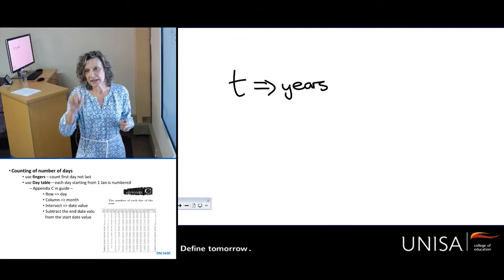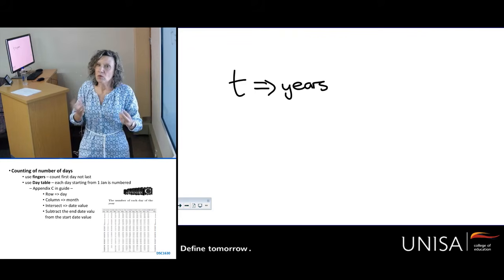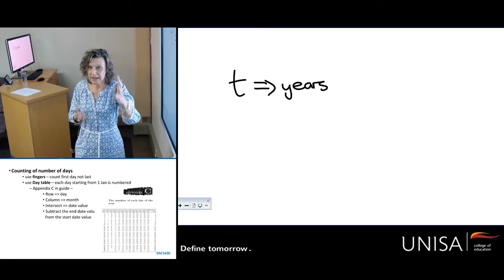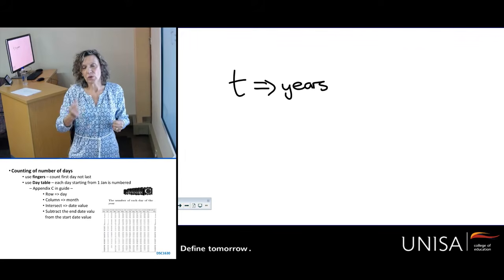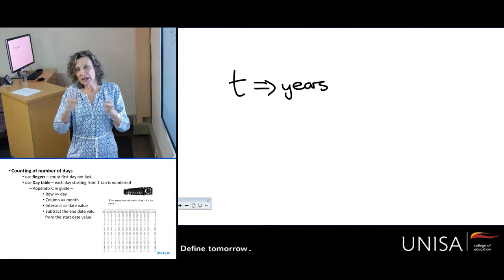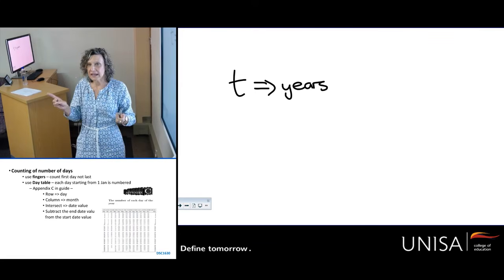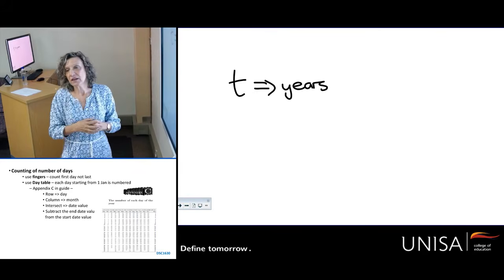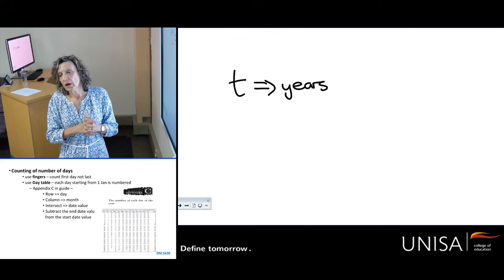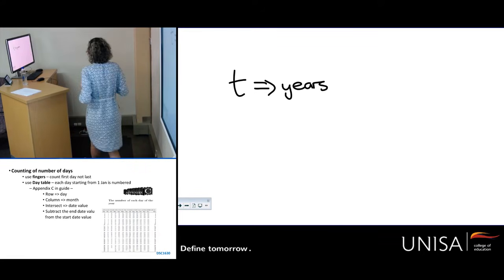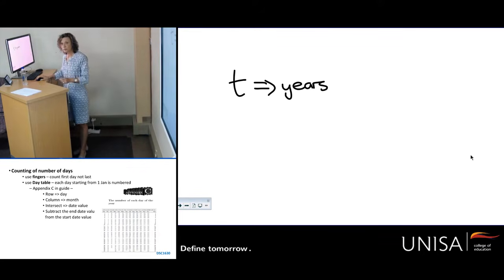So each day has got a number, and all that we need to do is, if we know a certain date number, we can subtract it from another date in the future to get the difference of days in between those 2 days. So they've included the number of each day of the year in your Appendix C, and let's look at a bigger example.